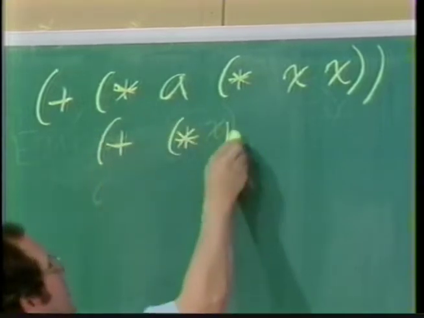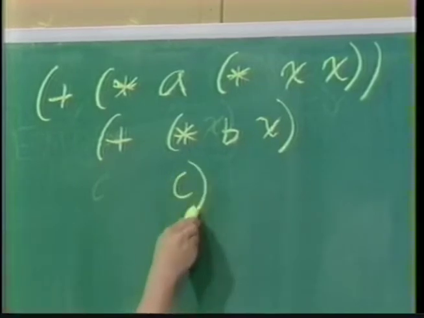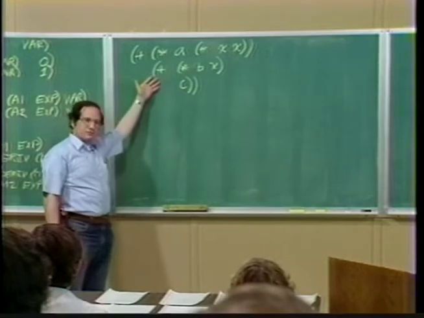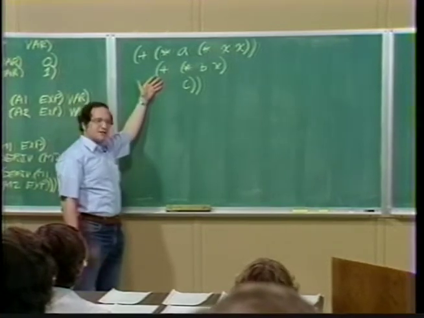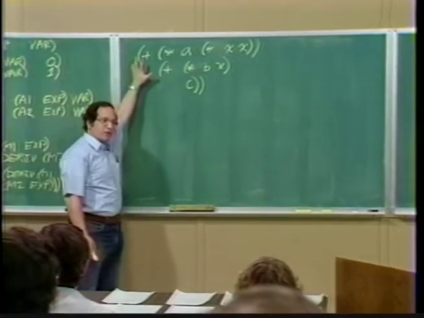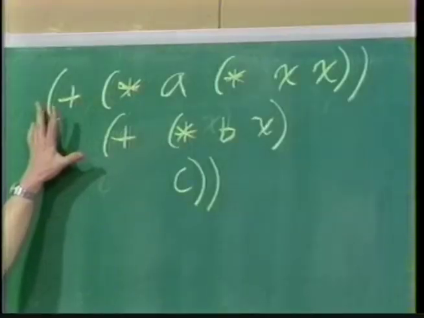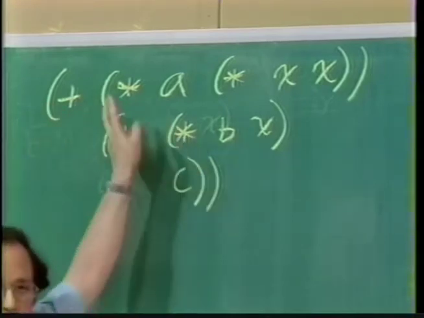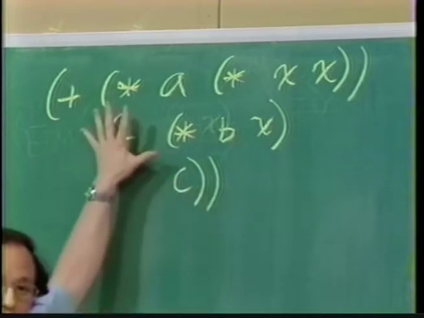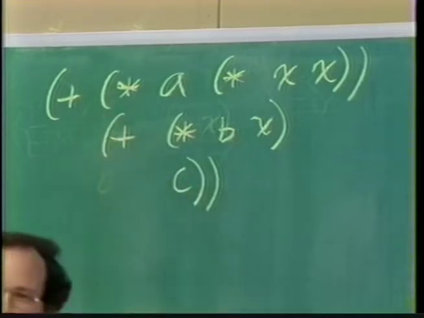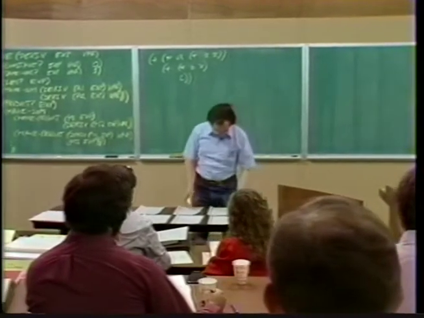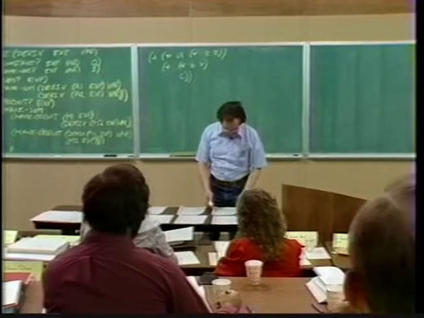A product of B and X and C. This is list structure. And the reason why this is nice is because any one of these objects has the property that I know where the car is. The car is the operator. And the operands are the successive cars of the cdrs of the list that this is. This makes it very convenient. I don't have to parse it. It's been done for me. I'm using the embedding in Lisp to advantage.